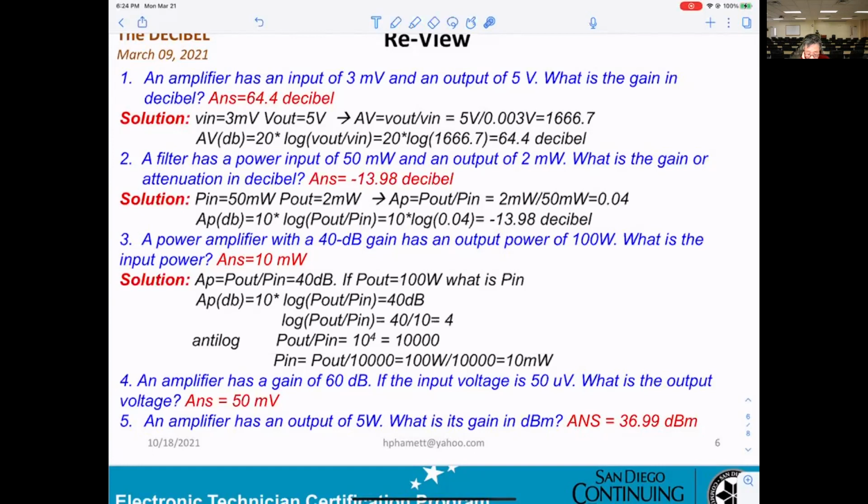If the input voltage is 50 microvolt, what is the output voltage? Okay, go ahead and quickly. We need someone to verify the answer, right or wrong, for both number 4 and number 5 before we can move on.